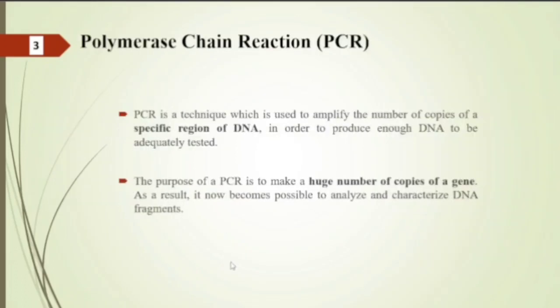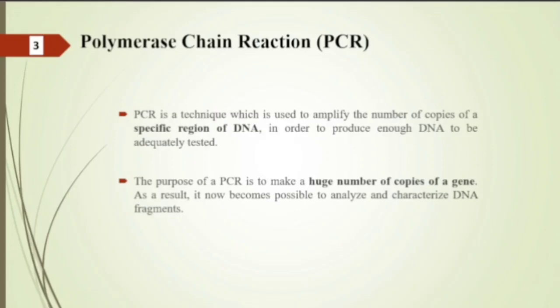Next, polymerase chain reaction is a technique which is used to amplify the number of copies of a specific region of DNA in order to produce enough DNA to be adequately tested. PCR is an enzymatic process in which a specific region of DNA is replicated over and over again to yield many copies of a particular sequence.